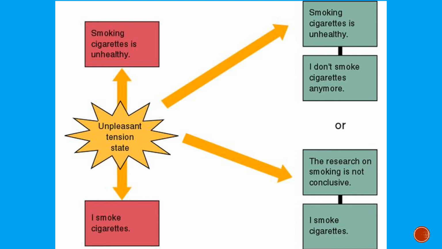Whatever it is, there are all ways of getting rid of this uncomfortable situation where you have to change something, and usually you change in the direction that's easiest. And often the easiest thing to change is your attitude. Sometimes it's a lot easier to change an attitude than it is to change a behavior.